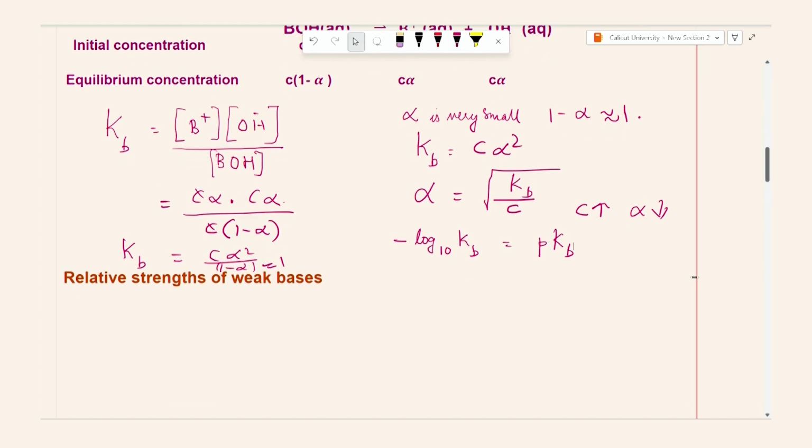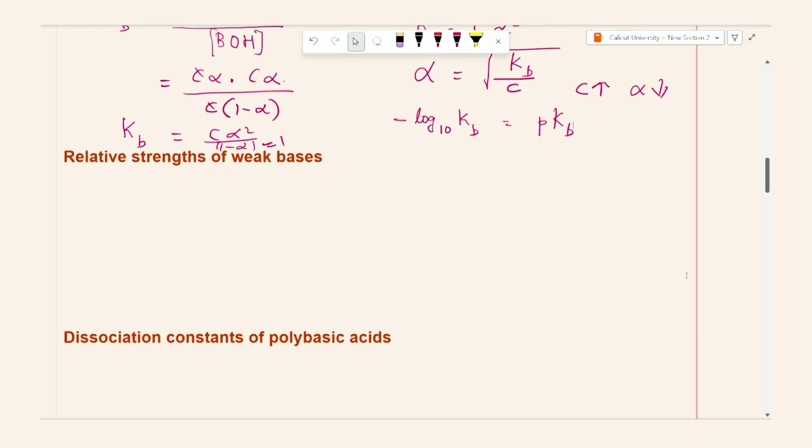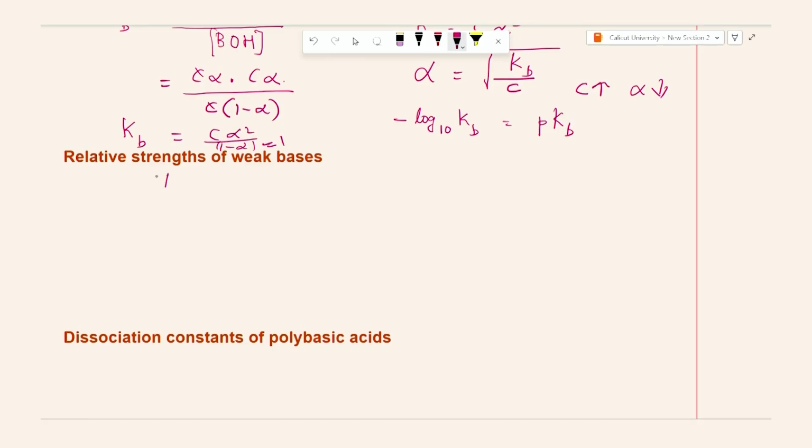Now, just like in acids, we are going to compare the relative strength of weak bases, just as we have done in the acids. So, here we have base 1 and base 2 at the same concentration C. We will have to keep the concentration fixed. Let alpha 1 be that of base 1 and alpha 2 that of base 2.